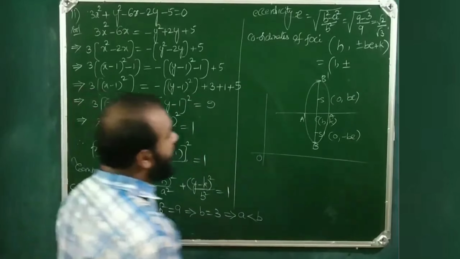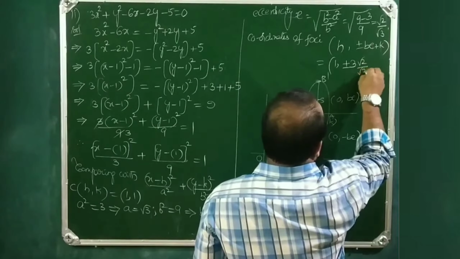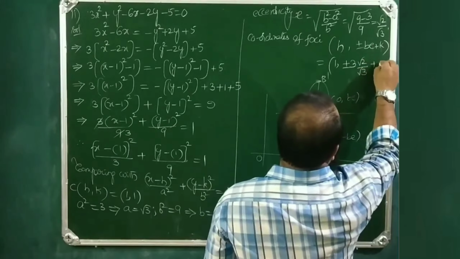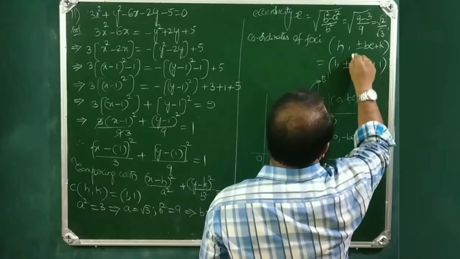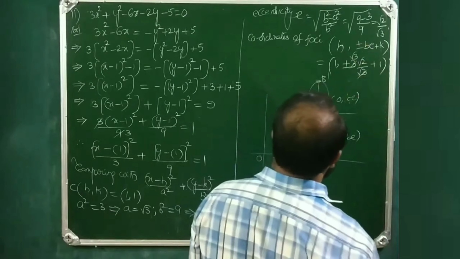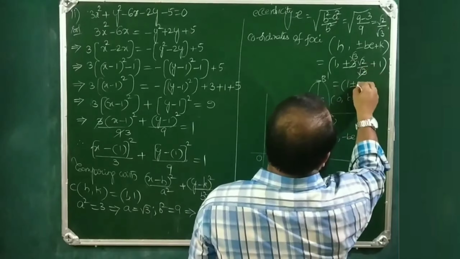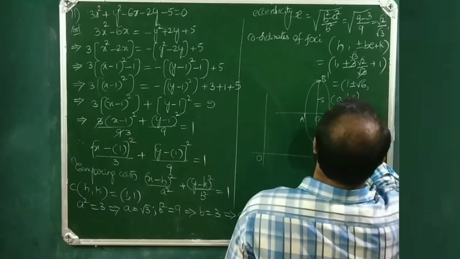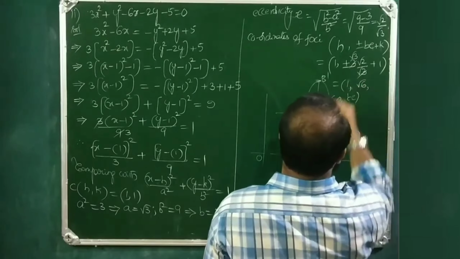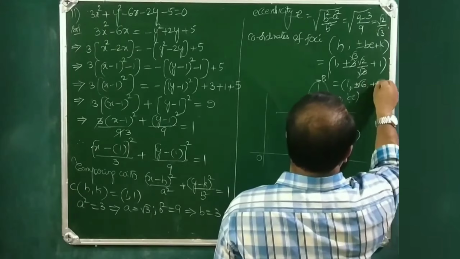b value is 3, e is root 2 by root 3, plus k value is 1. So this is root 3 times, therefore this is equal to 1 comma plus or minus root 6 plus 1.